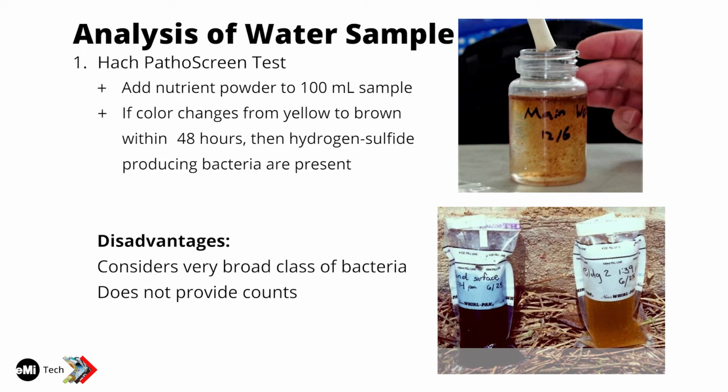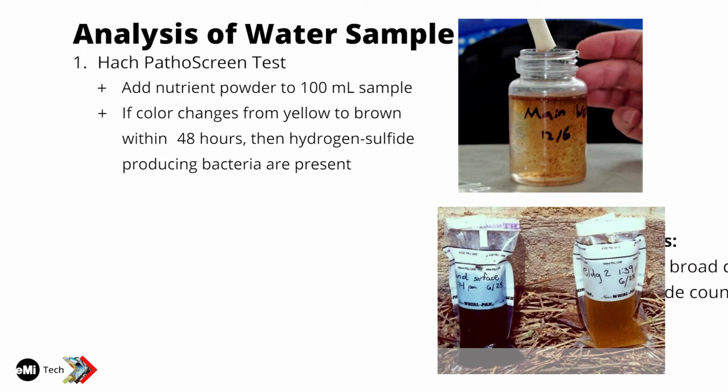So really a brown result isn't all that diagnostic or helpful for describing the water quality. However, if it stays yellow, that means you don't have this broad class present, and so that's a little bit more diagnostic. You can have some confidence that there are not pathogens in the water.